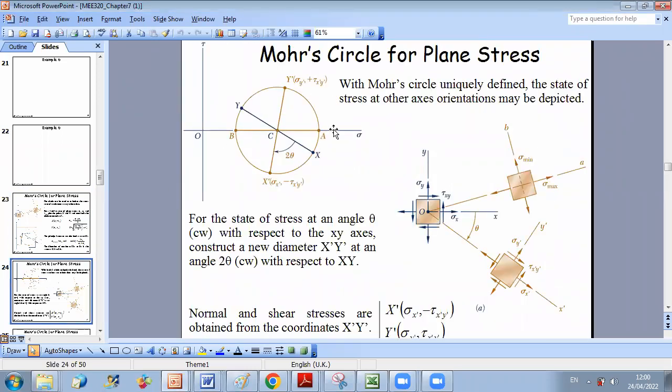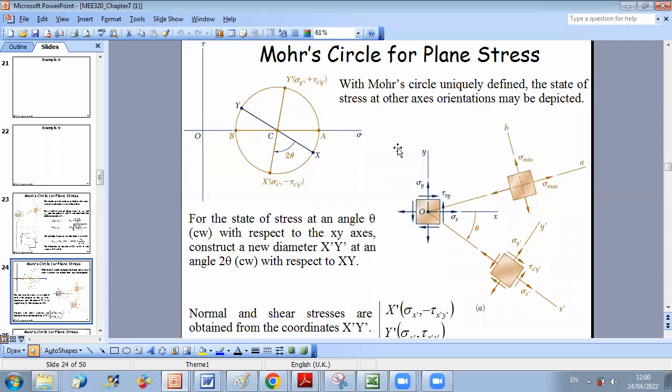So as we said, with Mohr's circle uniquely defined, the state of stress at other axis orientations can be computed. And for the state of stress at an angle theta, here, for example, if you rotate clockwise an angle theta with respect to xy, then on a Mohr circle, you should rotate an angle of 2 theta clockwise in order to get the state of stress in x prime, y prime.